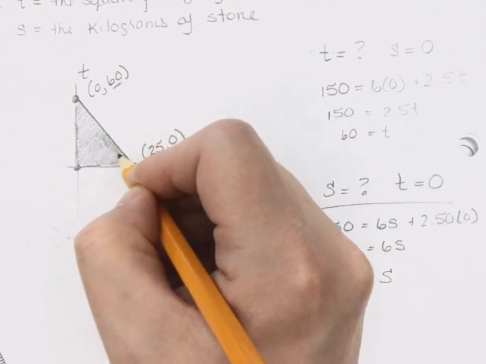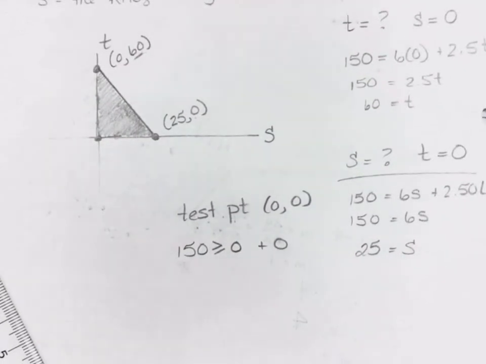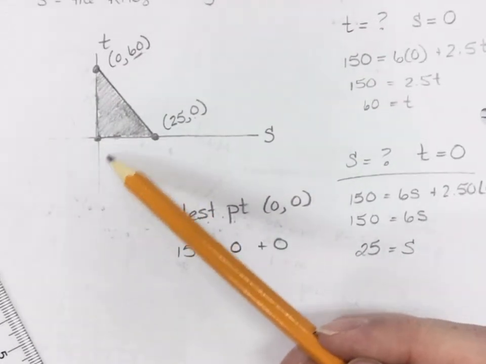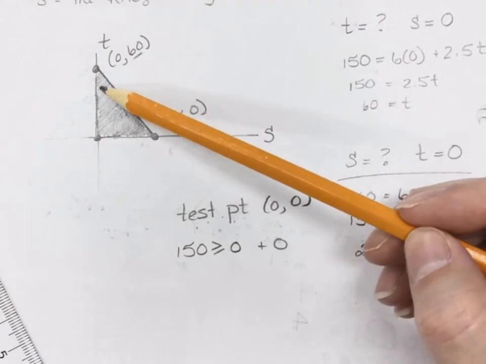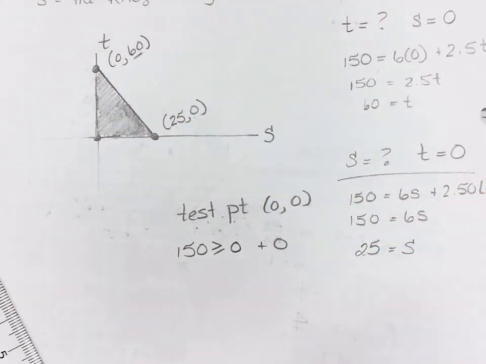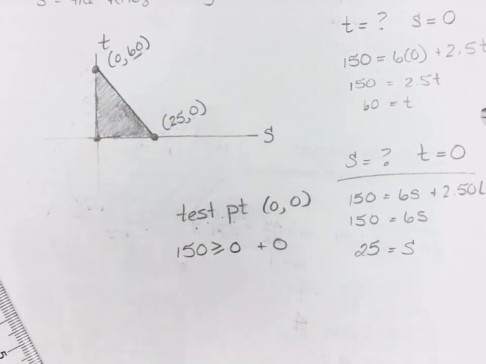So notice that my shading doesn't go outside of these lines. I'm actually shading a triangle area because I can't shade into the negative because the negative doesn't exist. We just talked about that. So the solution for this is anywhere in the shaded region. So I could have all tile, 60 square feet of tile, or I could have 25 kilograms of stone and no tile, and then anywhere in between, anything less than that.